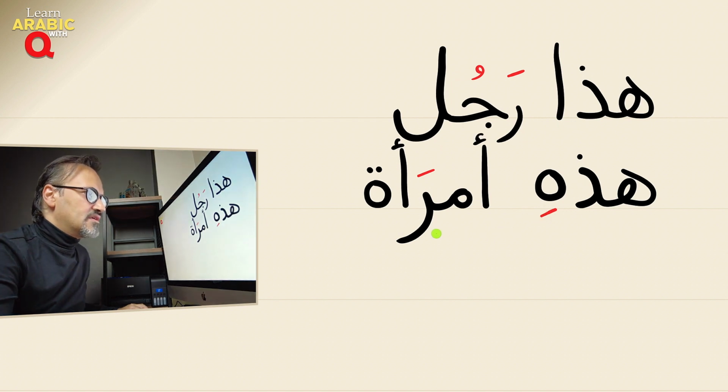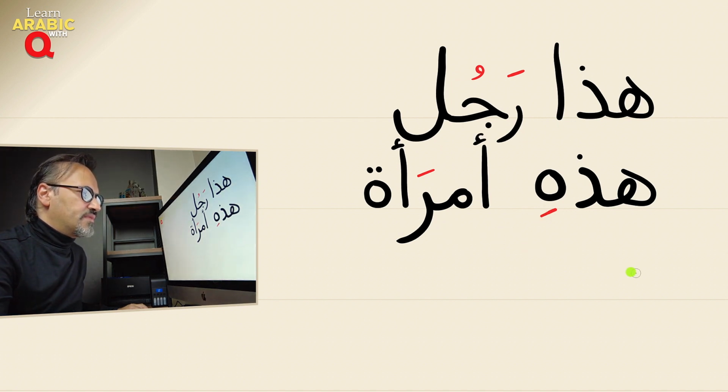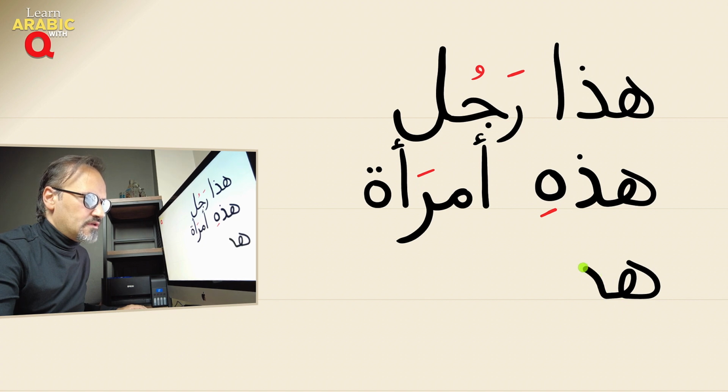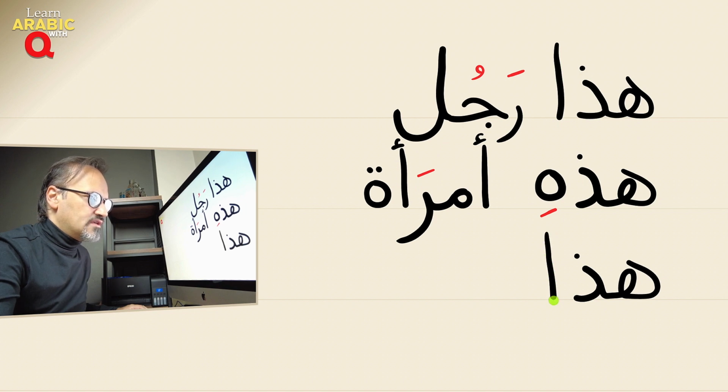Hadihi imra'a. Okay, let's write something else. We say hada, and here you can put the name of a man or a woman. So it's hada, we're going to put the name of a man. Let's write Muhammad.